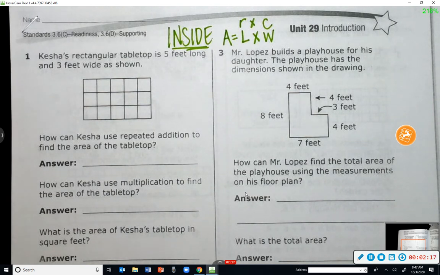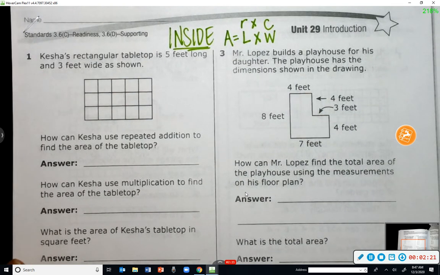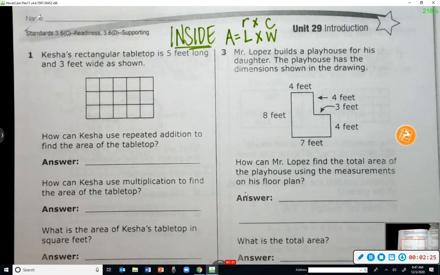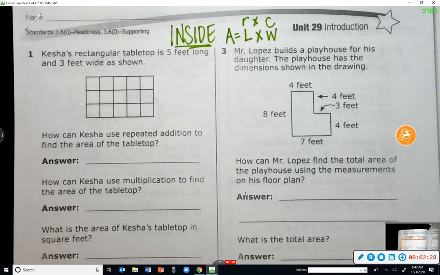Okay, so let's look at number one. Kesha's rectangular tabletop is 5 feet long and 3 feet wide as shown. How can Kesha use repeated addition to find the area of the tabletop? What do you think?